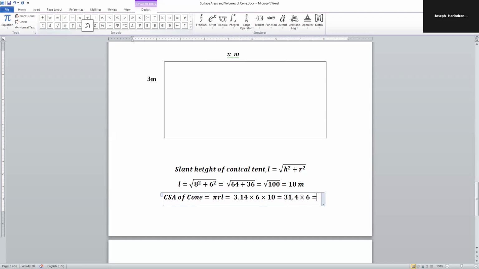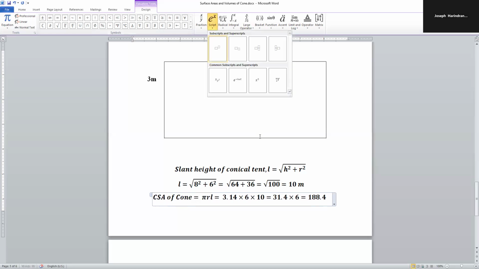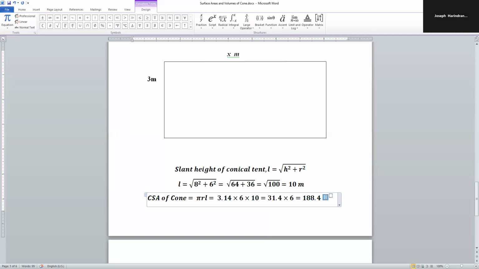So we will be getting the value of 188.4 meter squared. So we got this question I'm working out in detail because there is a small catch in this, which you have to understand. So meter squared, we got the CSA of the cone. This is the effective cloth area, the tarpaulin area.